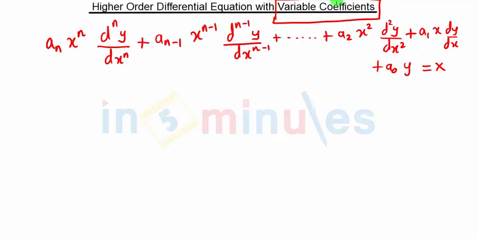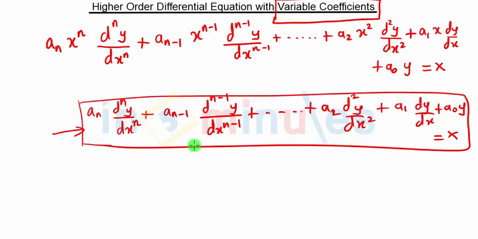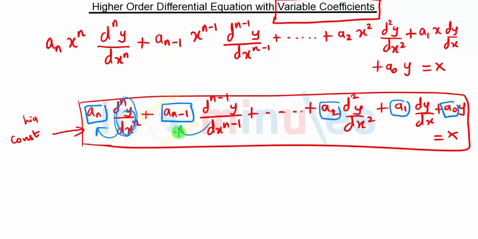Why is it called variable coefficients? In our previous videos we saw that if an equation is in this form, it is called a higher order differential equation with constant coefficients. Why constant? Because here a_n-1, a2, a1, a0 are all constants, so the coefficient of each derivative term is constant.